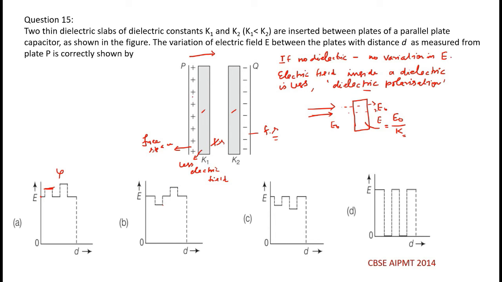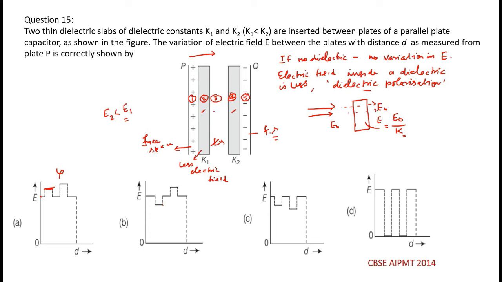Then again it increases. It should not increase. I consider this as region 1, this as region 2, this as region 3, this is region 4, this is region 5. Field in region 1 will be more than field in region 2, or E2, field in region 2, is less than E1. That's fine.